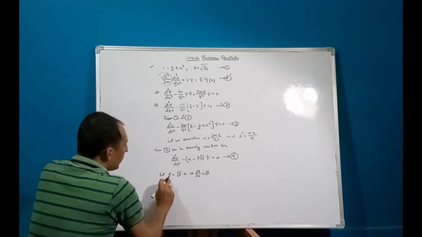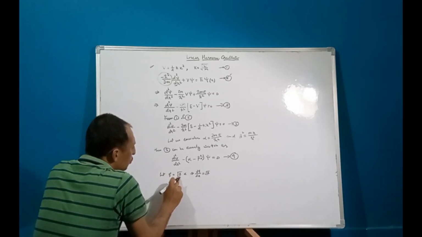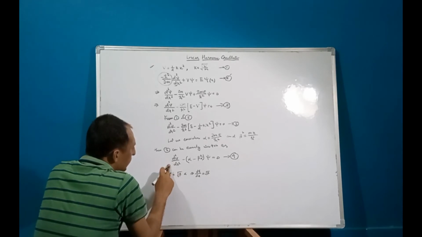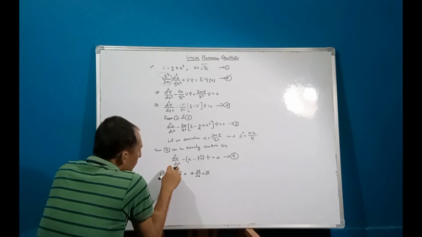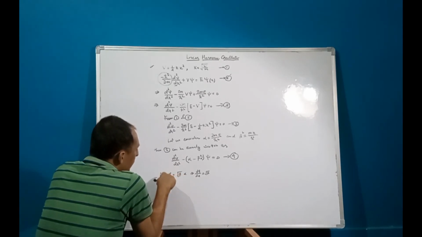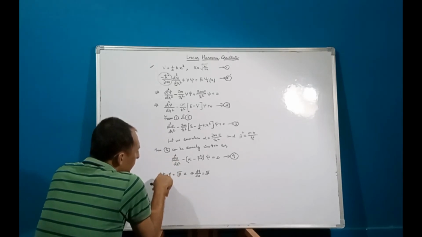Now, we have taken the equation xi is equal to root beta x, and in this equation x is the independent variable. So it means we are replacing x by xi. It means that we are replacing the independent variable of this equation. So our aim is to calculate d2 psi over dx square in terms of xi.